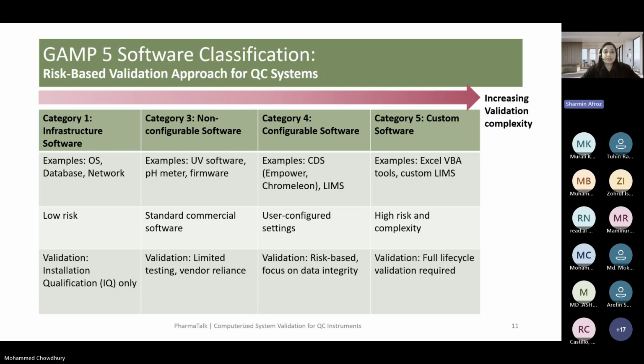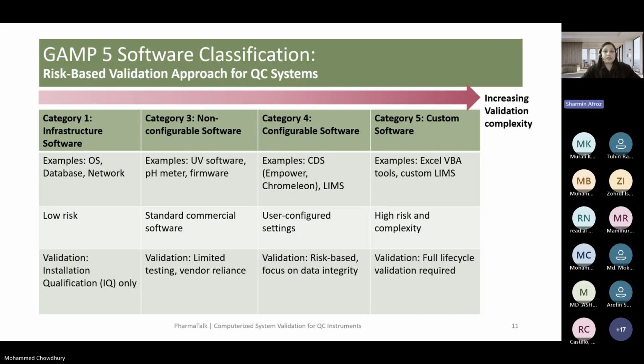This category can be configured and validation will be risk-based. Finally, category 5 is custom software, where sometimes the vendor customizes the software as per the customer. These software carry the highest risk and require full lifecycle validation.